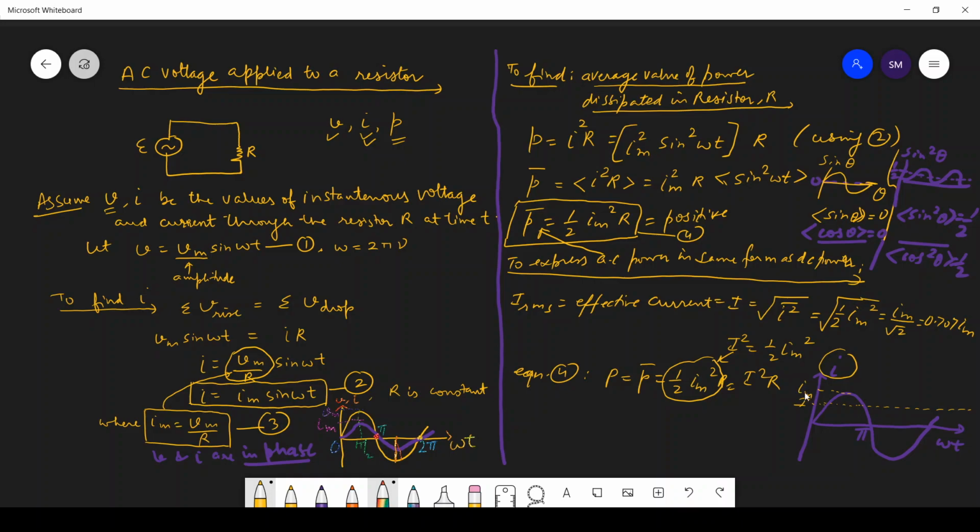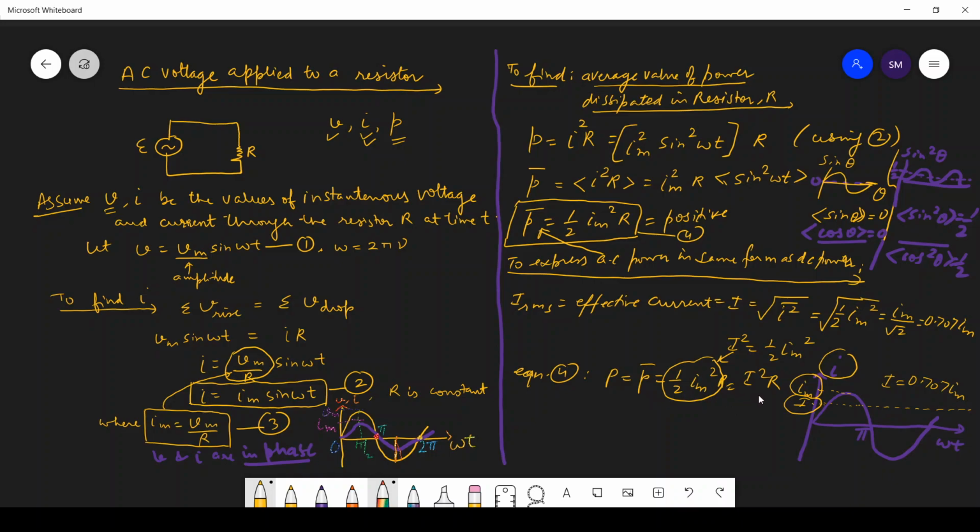This is Im, the maximum current. And this third one is capital I, the effective current, or IRMS, which is a constant quantity. The relation between them is I equals 0.707 Im.